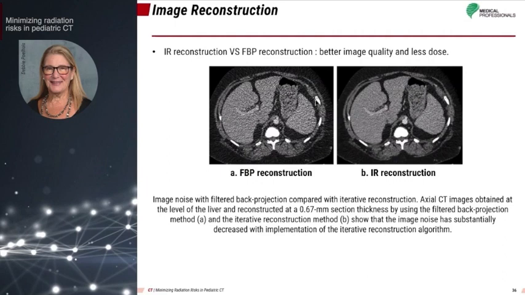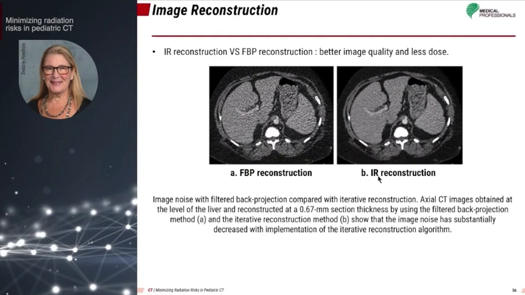Images are reconstructed from raw data using filtered back projection, or FBP, which operates on assumptions about the trade-off of scanner geometry between reconstruction speed and image noise. However, this is likely to provide inadequate image quality when dose levels are reduced.